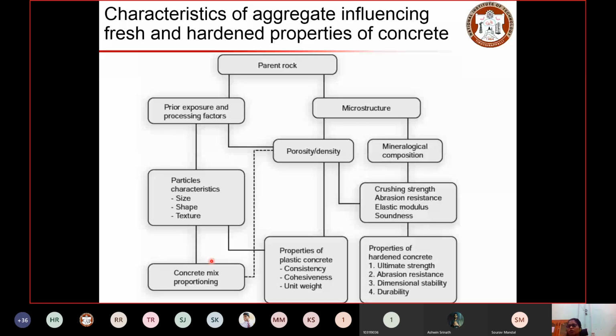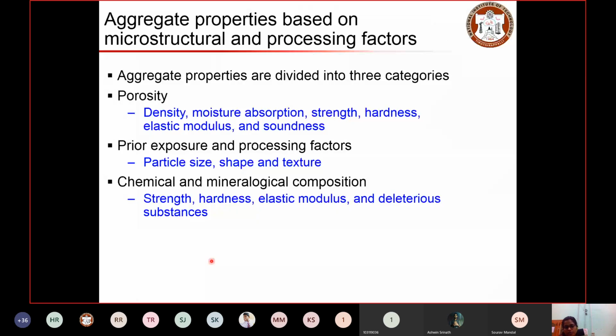All right. So now, having said that, we will look at the aggregate properties based on microstructural and processing factors. We are focusing on that, and based on that, we have three different categories. One is based on the porosity. Aggregate properties significantly depend on porosity, which influences density, moisture absorption, strength, hardness, elastic modulus, and soundness of aggregate.